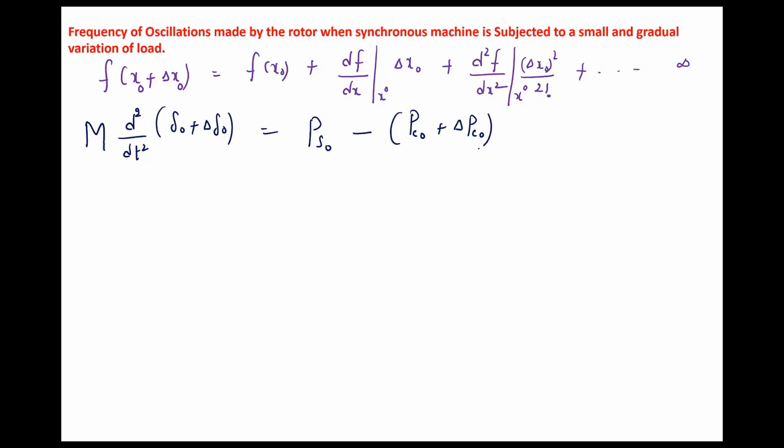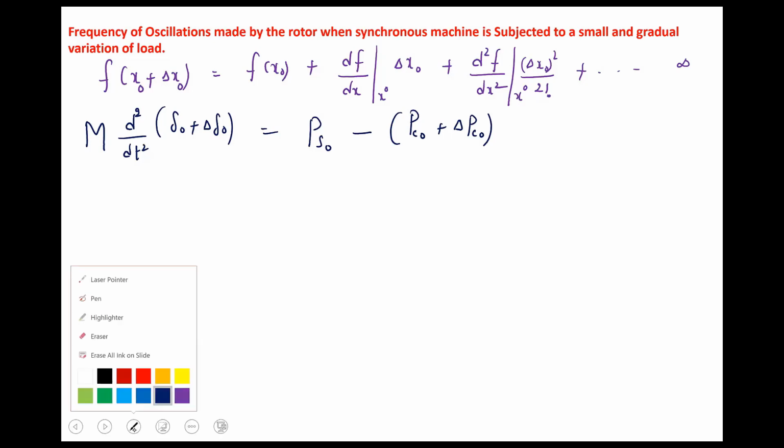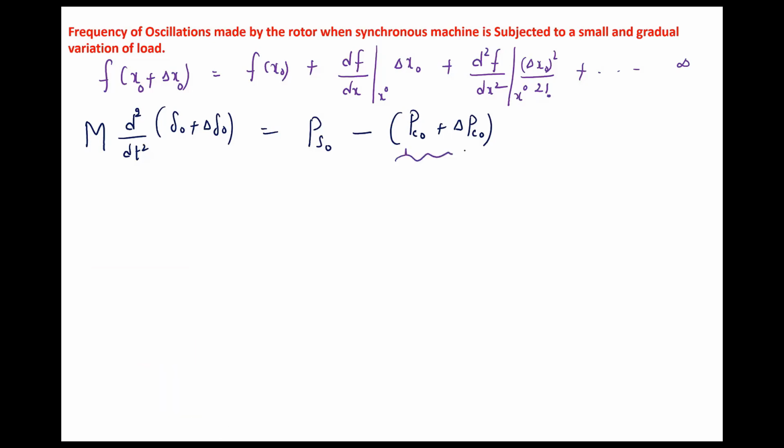So if I expand this term according to Taylor series, the first term will become m d²δ₀/dt² plus m d²(Δδ)/dt², that is equal to Ps₀. I am expanding this term according to Taylor's theorem.